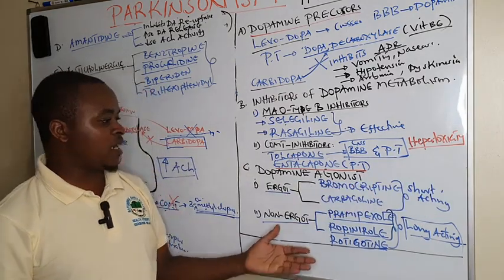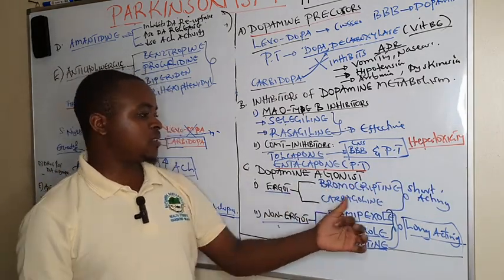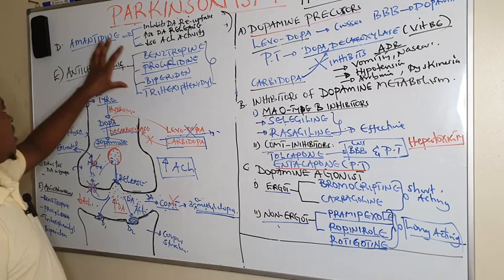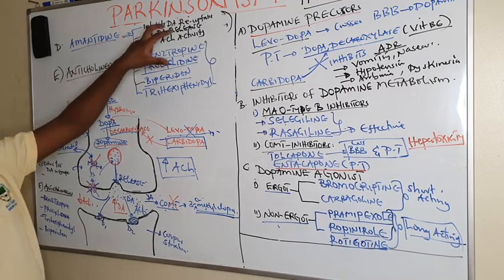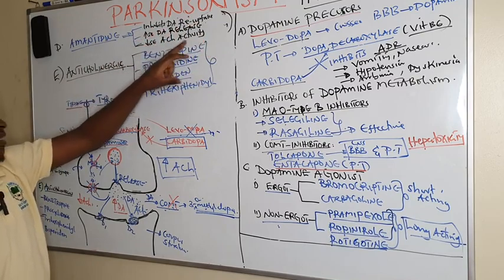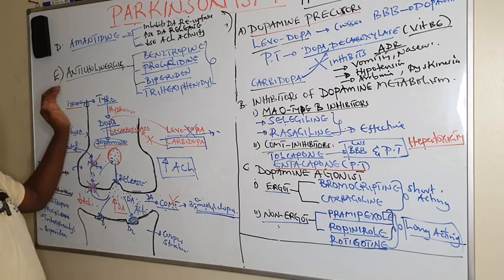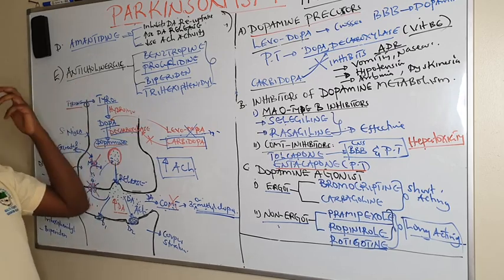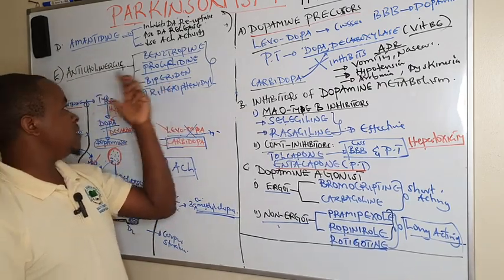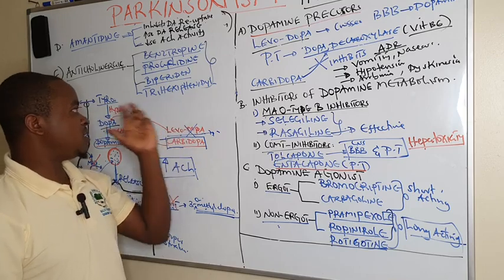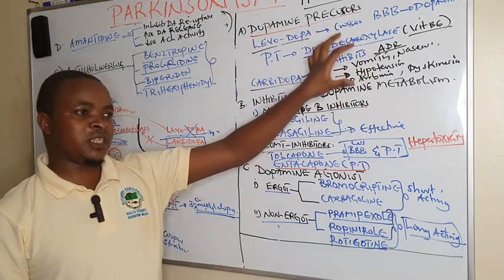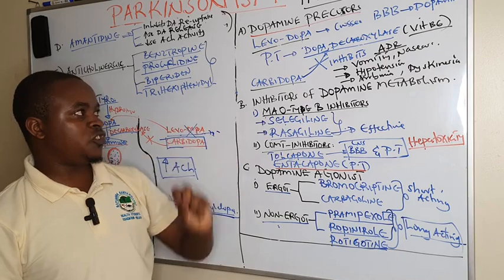Then we have seen dopamine agonists, whereby the ergots, bromocriptine, are short-acting, then these ones are long-acting. We have ended up with amantadine, which inhibits reuptake, increases dopamine release, and decreases acetylcholine activity. Then anticholinergics, which are given in drug-induced Parkinson's: benztropine, procyclidine, piperidine, and trihexyphenidyl. Then we have said these ones are given in elderly. Parkinson's is due to age.